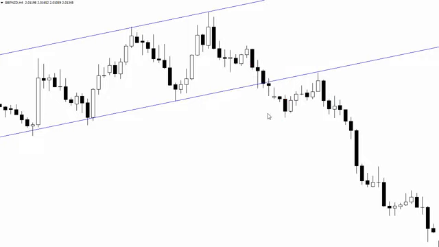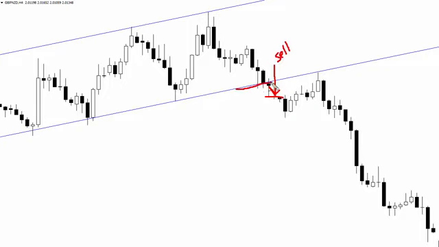The first school of thought is that we enter short on a break of this channel. So we would basically enter as soon as this 4-hour bar closed. We would sell here. In this case that wouldn't be a bad option because we're still fairly close to this level up here.